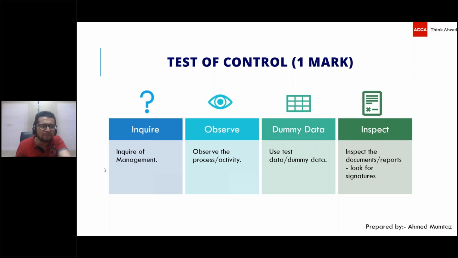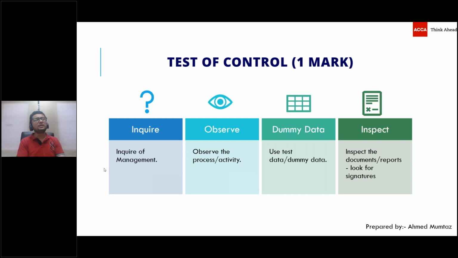Shaista is asking when we have to use dummy data for test of control. Shaista, when there is a system involved, such as a payroll system which automatically calculates the gross pay and the net pay. Whenever there is a system, a software, an ERP, a bookkeeping software maybe, I could use the test data or dummy data.